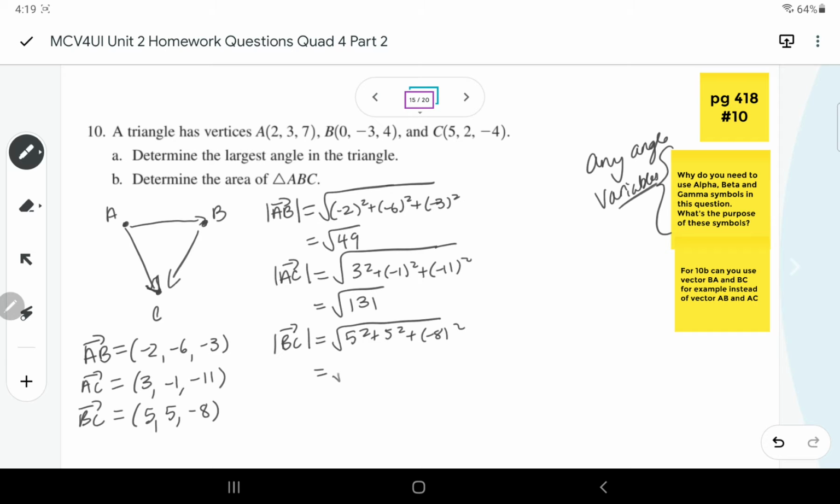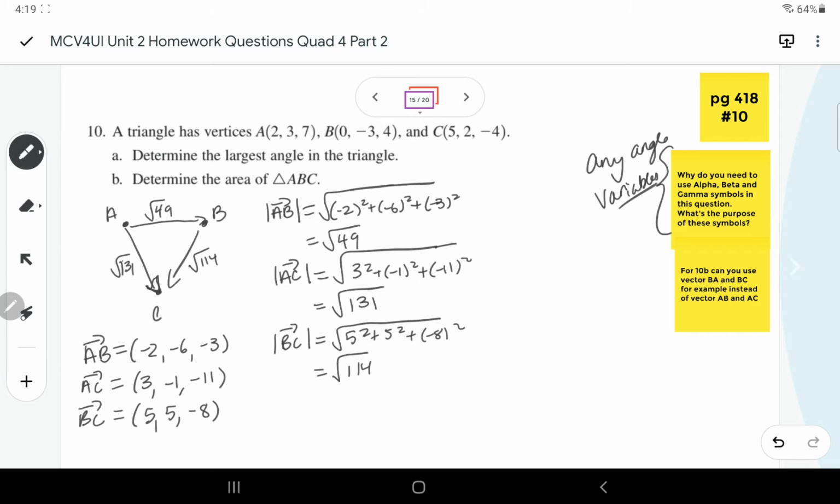So that's the square root of 114. So if we label these, AB was root 49, and AC, whoops, other way around, AC was root 131.